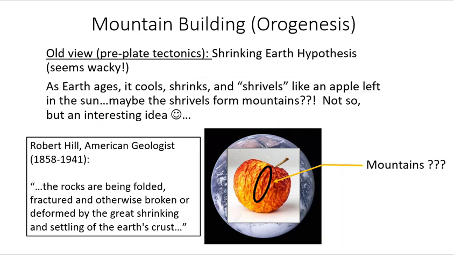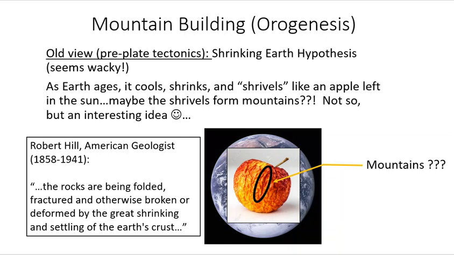Luckily, we're on the right side of the plate tectonic revolution, but obviously before plate tectonic theory was developed in the early to mid 1960s, geoscientists really didn't understand very well how continental mountain ranges were put together. And they had a lot of ideas, many of which have been disproven.